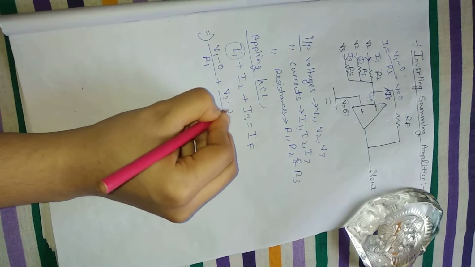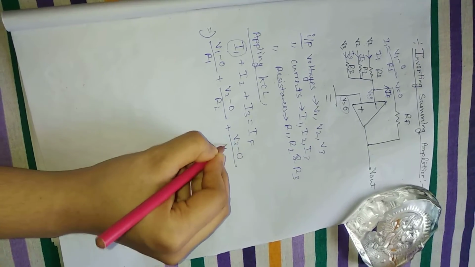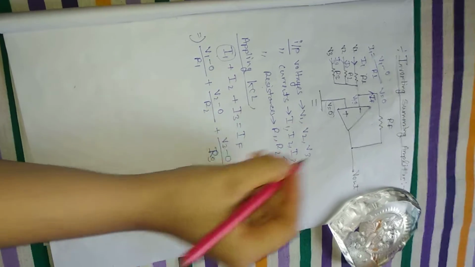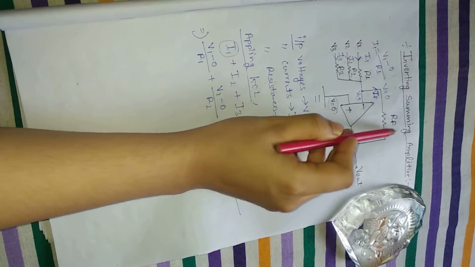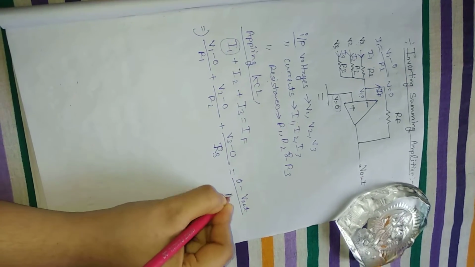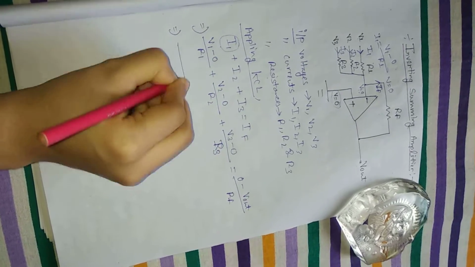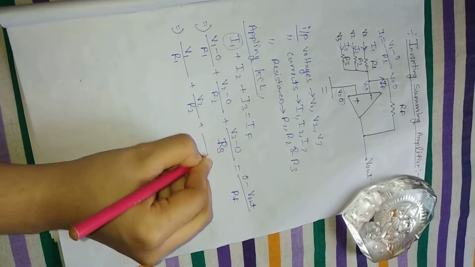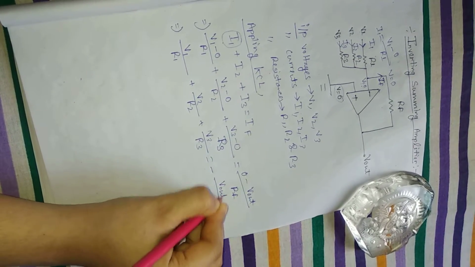Similarly I2 is V2 minus 0 by R2, and I3 is V3 minus 0 by R3. This is equal to IF, which is 0 minus V out by RF, because of the voltage drop across RF. So eliminating all the zeros, V1 by R1 plus V2 by R2 plus V3 by R3 is equal to minus V out by RF.